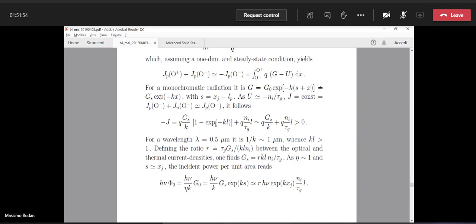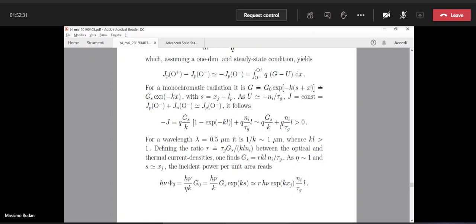So we neglect the exponential, and the optical contribution to the current simplifies to Q Gs over K. This is very good because Q Gs over K does not depend on the bias, on the voltage drop across the junction. Instead, L does depend on it. So we eliminate any influence of the bias. Then we have the other term that is still there, Q ni L over tau G.